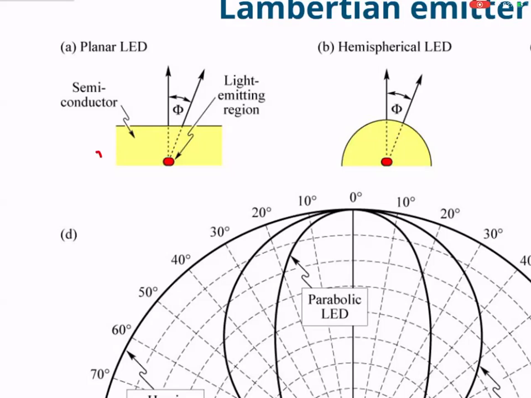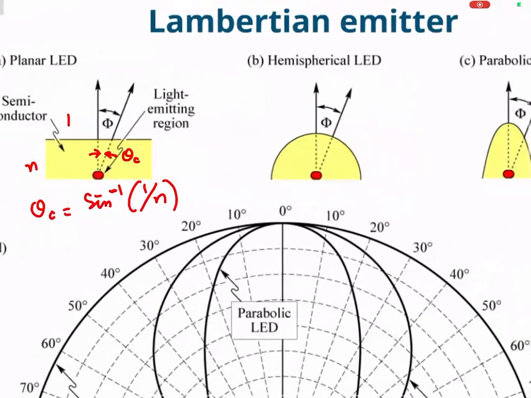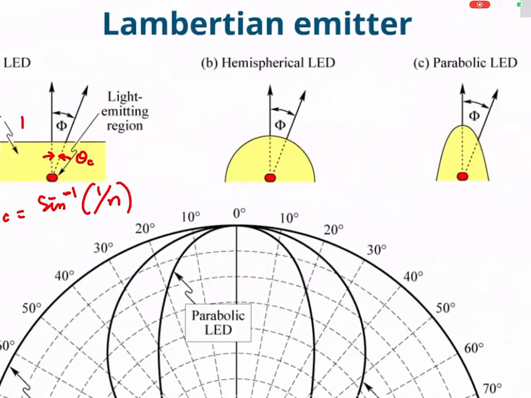So if the refractive index of the semiconductor is n, then the largest angle that you escape from the LED is defined as sine inverse of 1 over n. This is the critical angle defined by the total internal reflection, because anything larger than that will be trapped inside the semiconductor. Now you can capture more of the light out by simply curving the packaging of the LED.